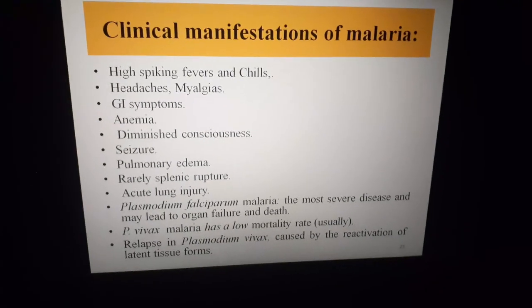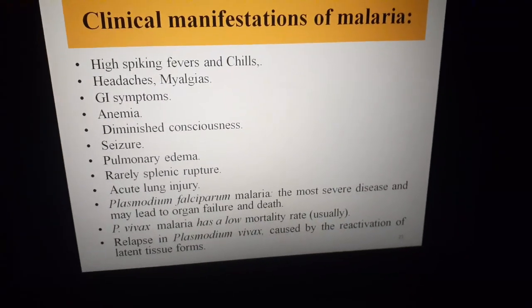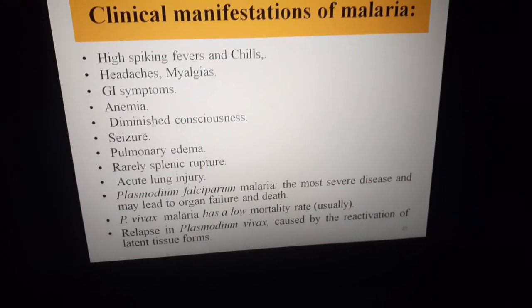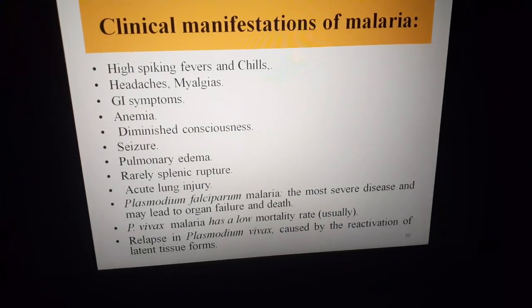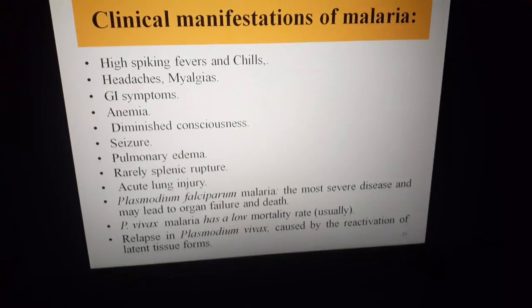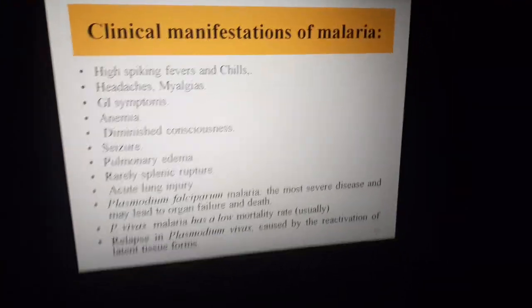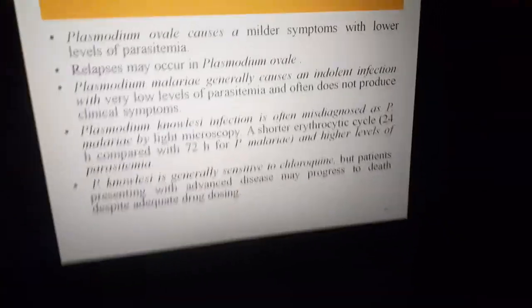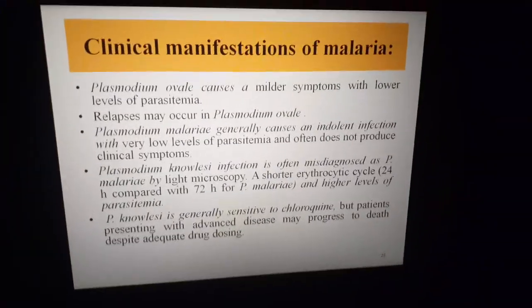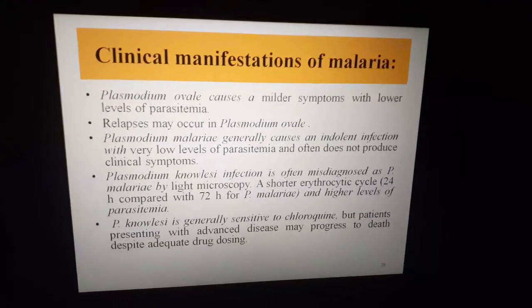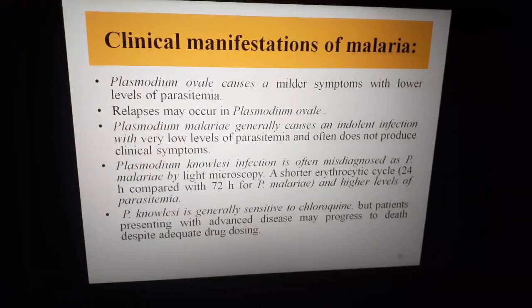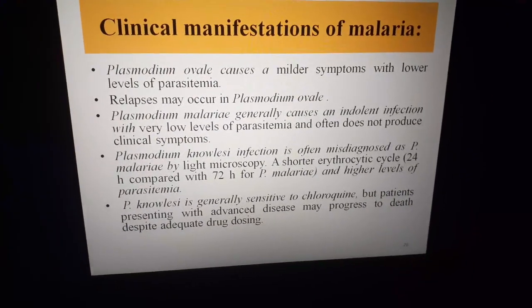Plasmodium falciparum malaria is the most severe disease and may lead to organ failure and death. Plasmodium vivax malaria usually has a low mortality rate, and relapse in Plasmodium vivax is caused by the reactivation of hypnozoites, that is the dormant stage of Plasmodia. Relapses may also occur in Plasmodium ovale.